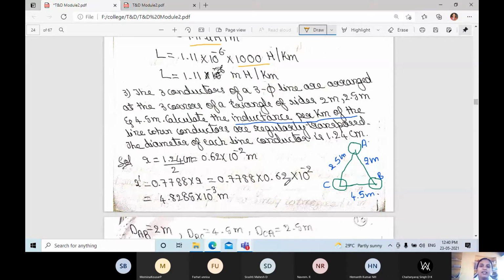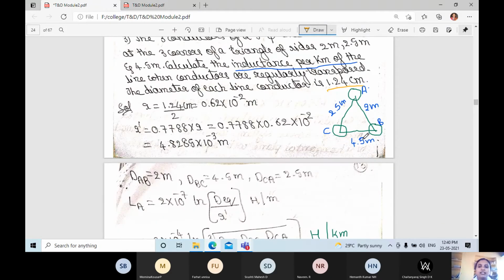Conductors of a three-phase line are arranged at the corners of a triangle with sides 2 meter, 2.5 meter and 4.5 meter. That means they have given the distances between the conductors as 2 meters, 2.5 and the next is 4.5. Calculate the inductance per kilometer of the line when the conductors are regularly transposed and the conductor diameter is 1.24 centimeter.